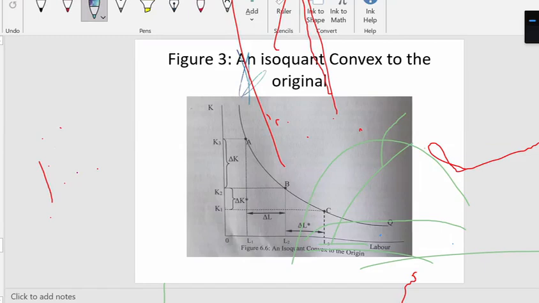But there are different levels of combination. At this position, at this position, and at this position, right? But there is the same wheat flour. Yani manake this curve is just for wheat flour. That's why we call it an isoquant. Producing the same output, but a different level of combination of factor input.